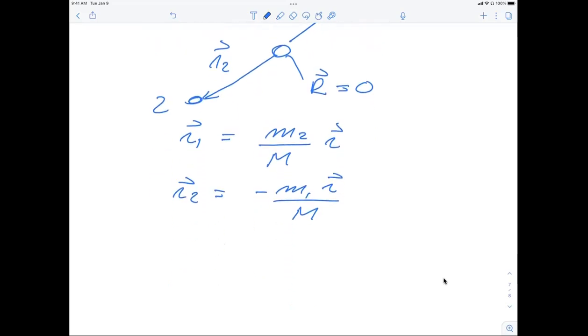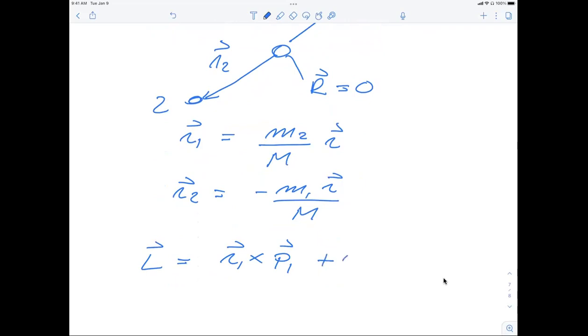So what we're going to do now is to calculate the angular momentum in this frame. If you look at the angular momentum, this is something which we defined in the beginning of the semester as the vector which is orthogonal to the plane spanned by the position r and the momentum.